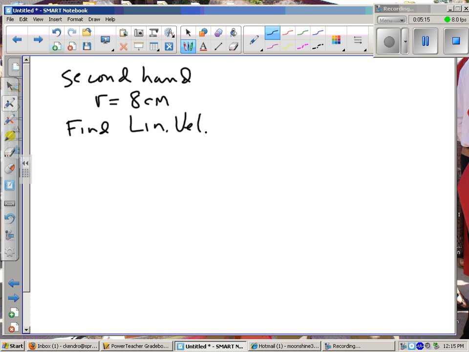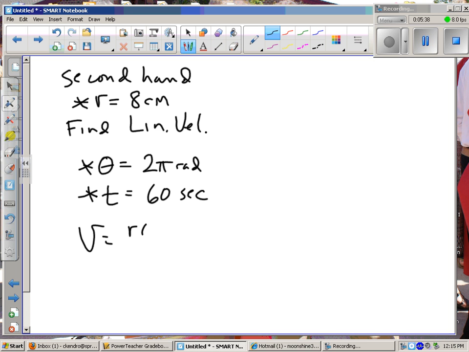So what else do we know about the second hand? Like we did before, the angle we can use is one revolution, which is 2 pi radians, and the time it takes to go 1 revolution is 60 seconds. So we've got r, we've got theta, and we've got t. We might as well use v equals r theta over t.